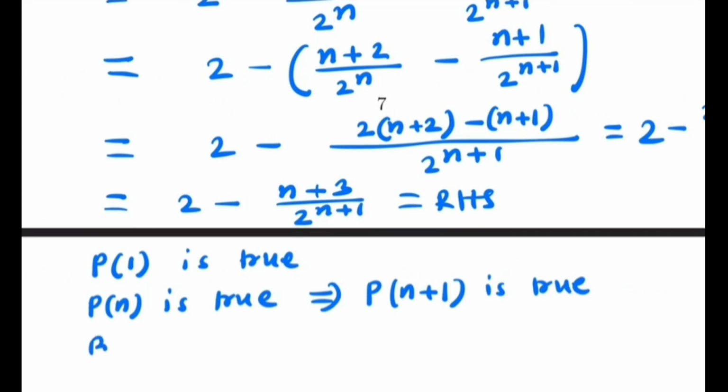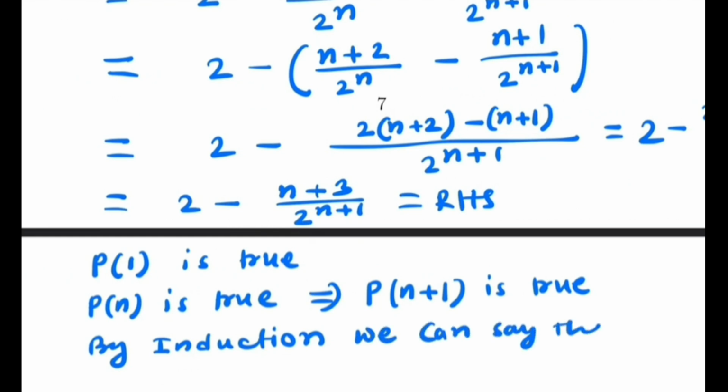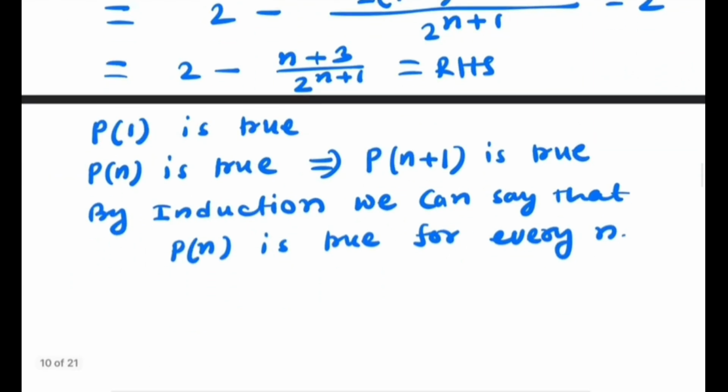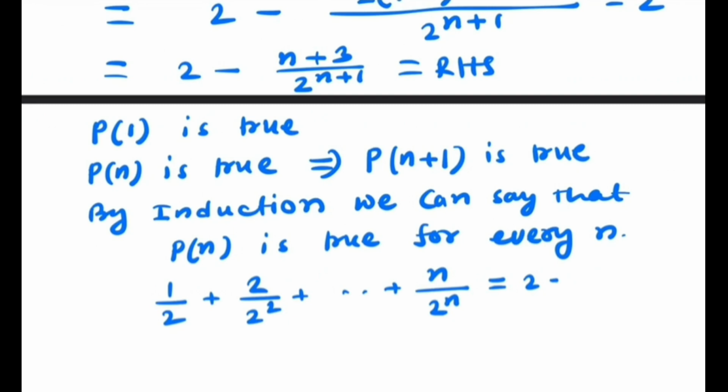So then by mathematical induction, we can say that P(n) is true for every n. So hence we have 1/2 + 2/2² + ... + n/2ⁿ is equal to 2 − (n+2)/2ⁿ.